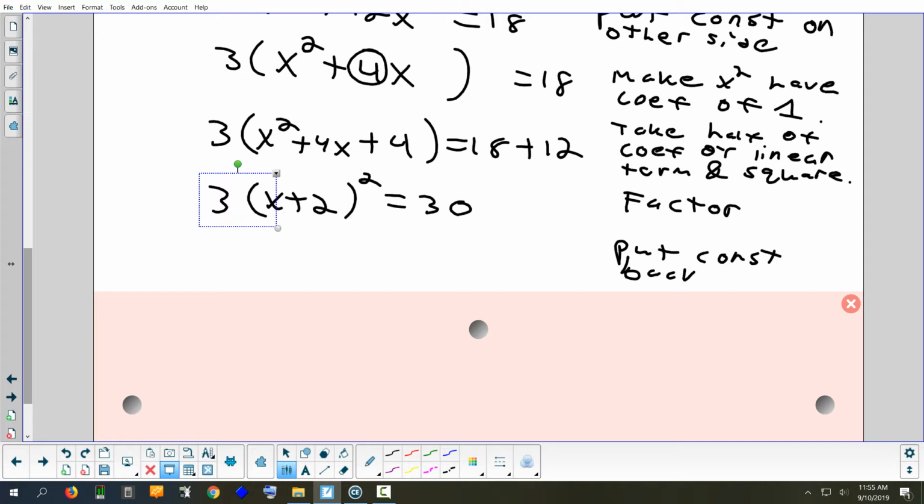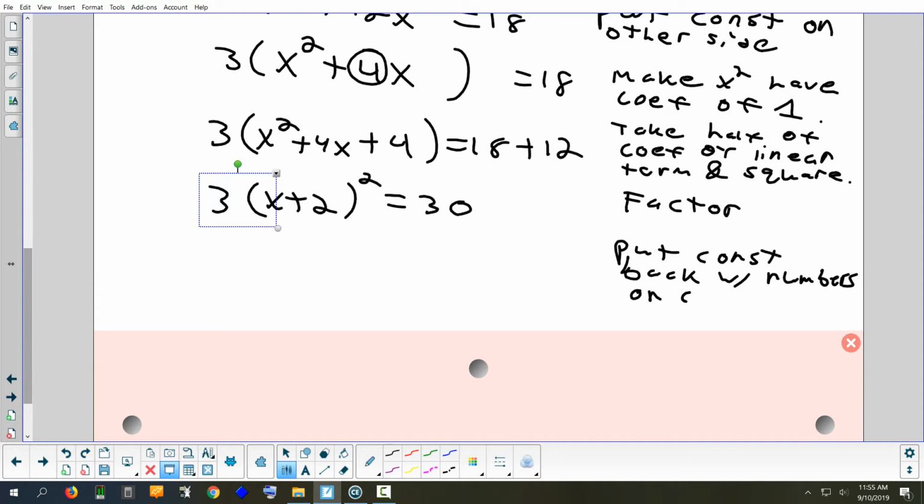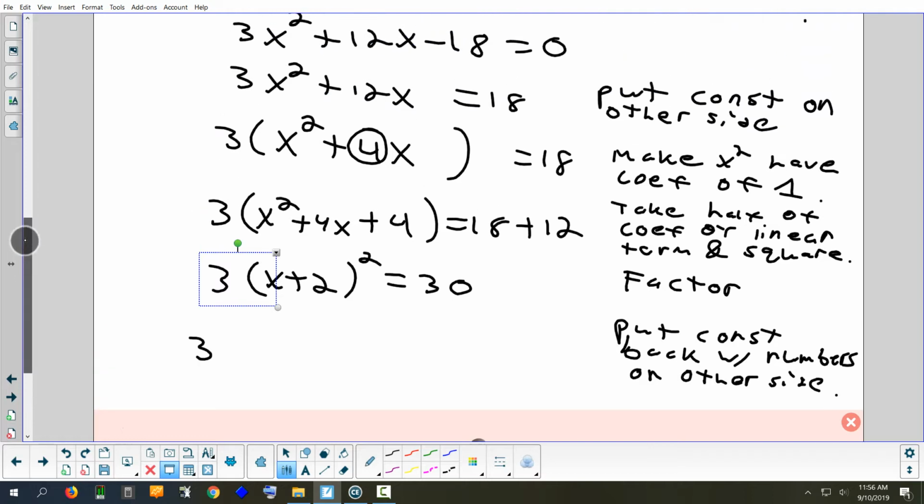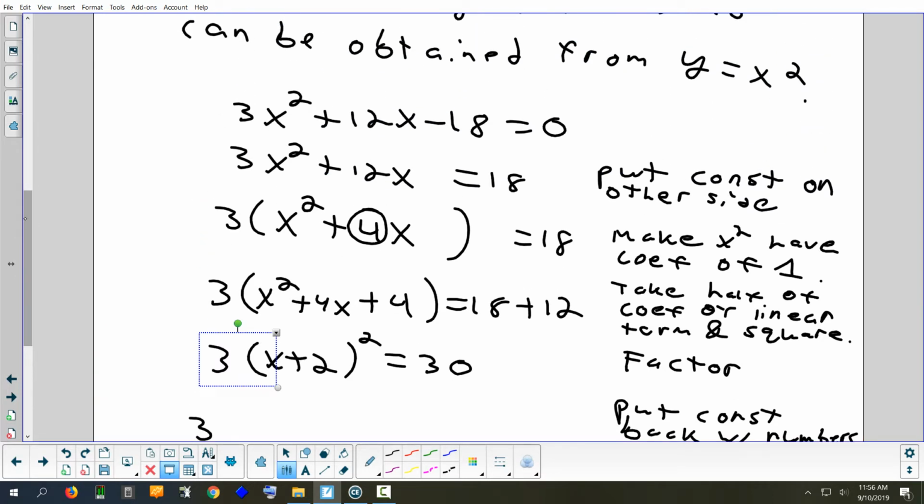Constant back with all its friends. Constant back with minus. Or I guess you could say get the equation back equal to 0. Same way. Will it always be plus plus? No, it could be a minus minus. Like if this was a minus, now it would still be a plus 4 here, but it would factor as x minus 2, x minus 2.